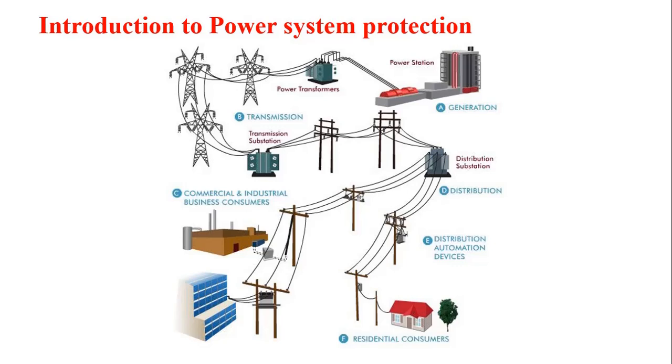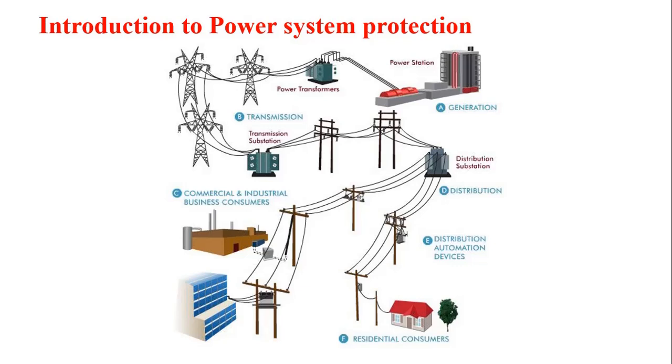If such a fault occurs, we perform practicals in the labs, but as the generator as well as the fault locations are only at a distance of 3 to 4 feet, we can easily understand which type of fault is occurring there, as we are creating them ourselves. But if we consider the total power system, the load centers or consumers are situated far away from the generating stations.